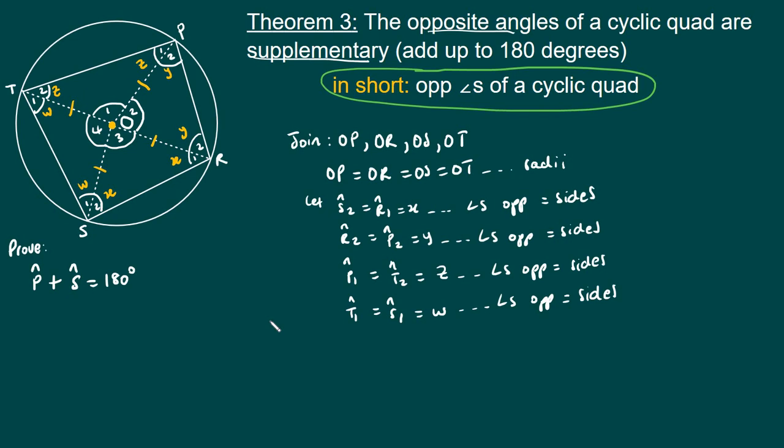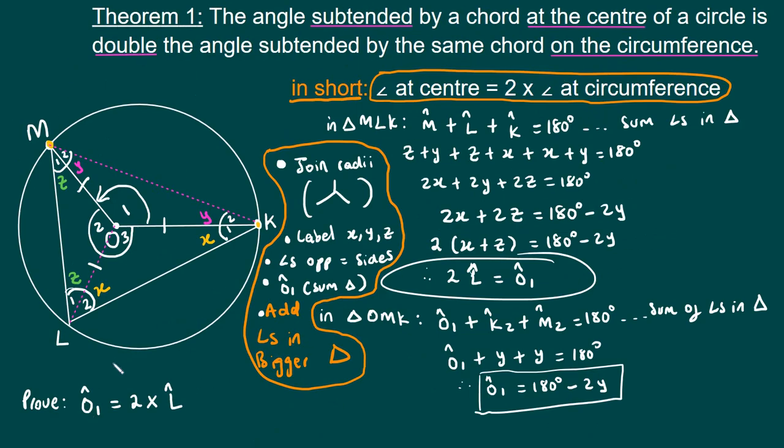Okay. So after doing that, what do you then say? Remember, you need to prove that angle P plus angle S is equal to 180 degrees. So good people, for this theorem, you don't have to worry yourself that much. You have to think of it as if you were working with theorem number 1, the one we first proved. Remember this one?